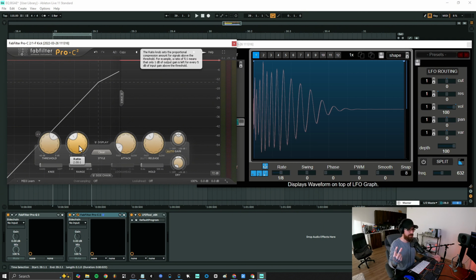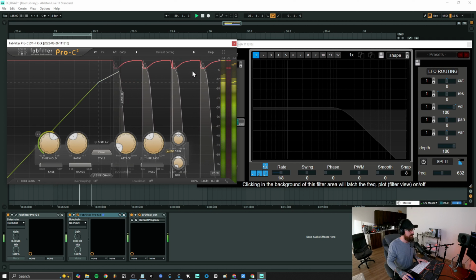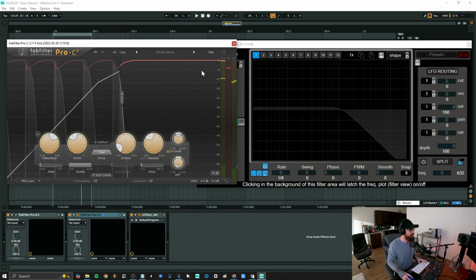So 14 divided by 2 is 7. So that means that the compressor is allowing 7 dB to pass through, which means that our new peak is actually -7 dB. And you can see we have our -6 line right here, and the compressor, the red line, shows us roughly that.